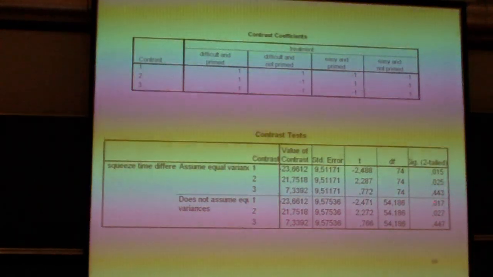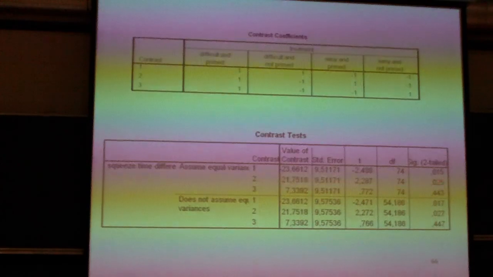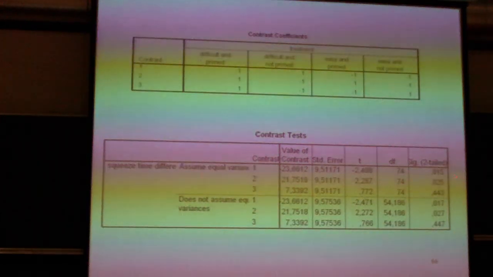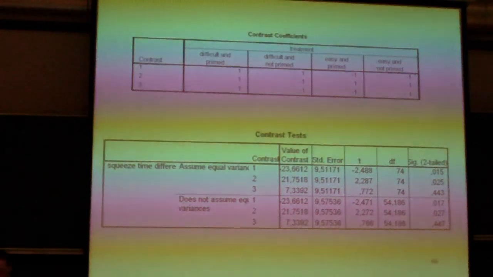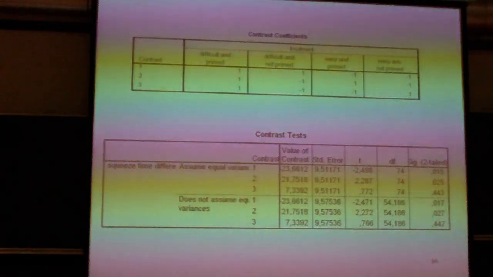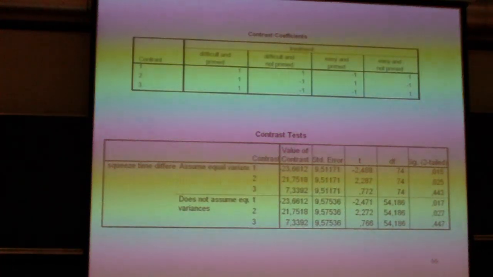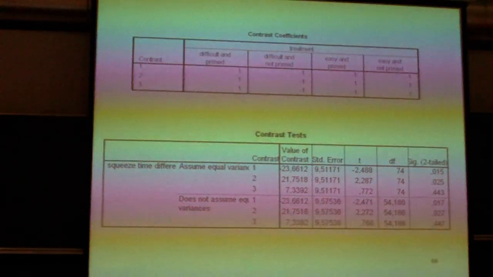So this is not significant, so we can now pursue our investigation of possible main effects, and we can see that both of these contrasts are in fact significant. So yes, there is a difficulty effect, and yes, there is also a priming effect, but they do not interact.